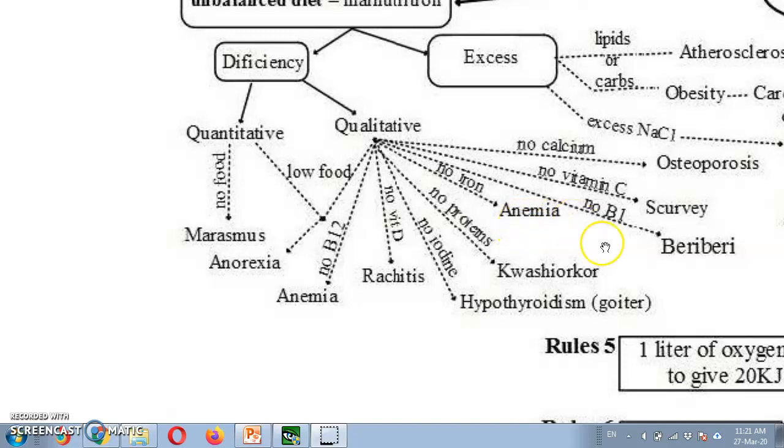And finally, if vitamin B1 is not taken, then beriberi will take place, which is a disease also. And if vitamin C is deficient, scurvy will take place. And also, if calcium is deficient, osteoporosis will take place.